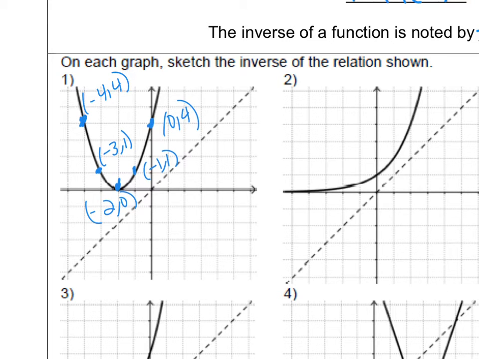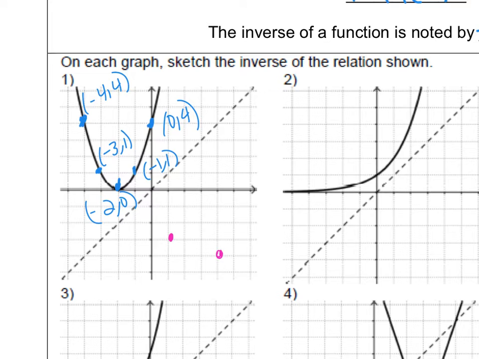So now to find the inverse, all I need to do is flip these coordinates. So let's start with the negative 4, positive 4. I'm going to flip-flop them. So now I'm going to put a point at 4, negative 4. And then now let's switch the negative 3, 1. So I'd be at 1, negative 3.